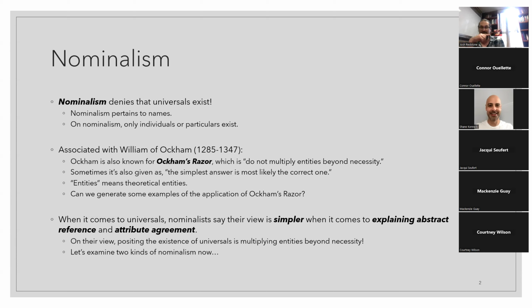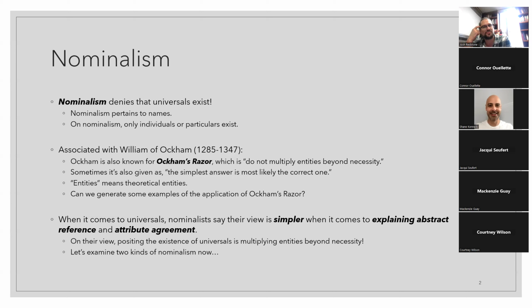Now, the other end of that spectrum, the other extreme, is nominalism, and nominalism pertains to names, and on nominalism, there are no universals, only individuals, only particulars.